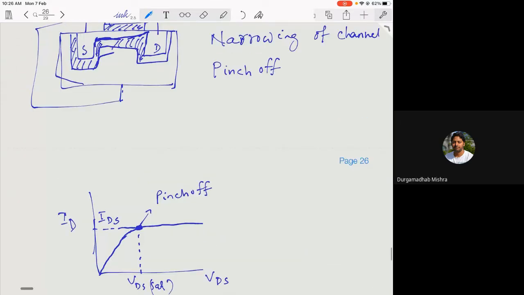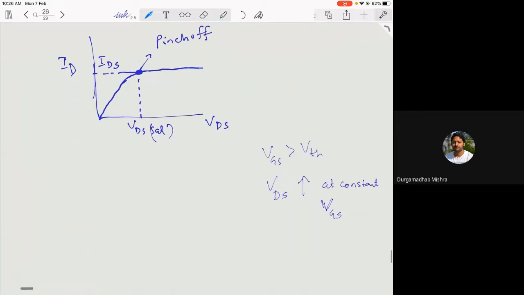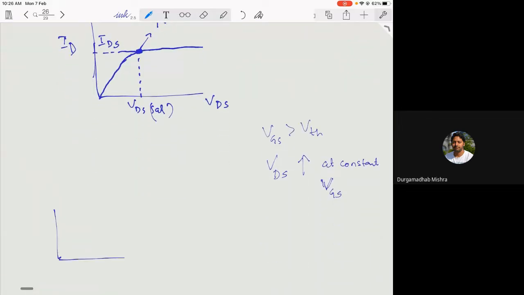So if you increase the voltage beyond pinch off, what would happen? In that case, the width of the depletion region will increase. If I draw it like this, the channel on the source side will remain the same, but the point where the channel no longer connects to the drain will increase.